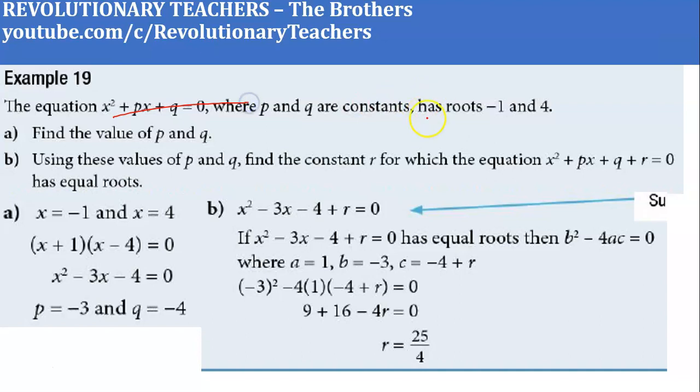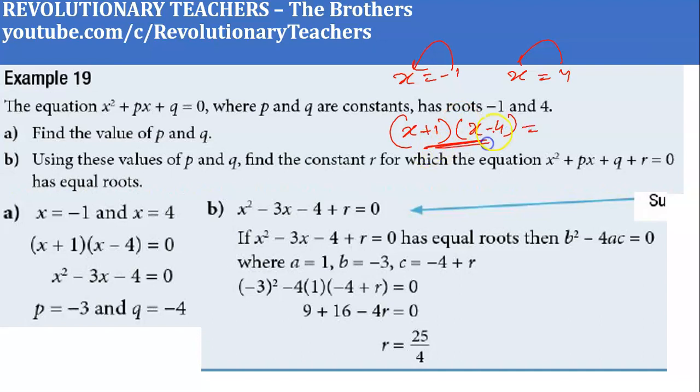This equation has roots minus 1 and 4. Find the value of p and q. See, children, how you are going to solve it. One of the roots is minus 1 and the other root is 4. Now, how to form factors from the roots? Simple. x plus 1 becomes one factor and x minus 4 becomes the other factor.